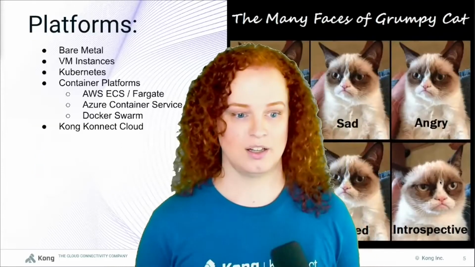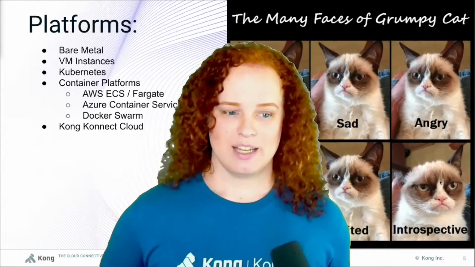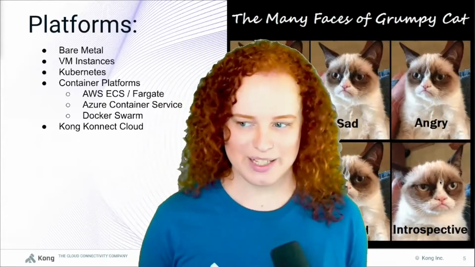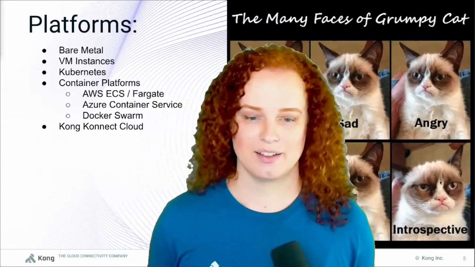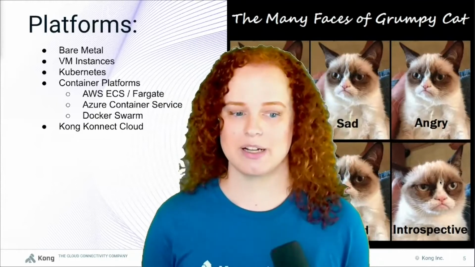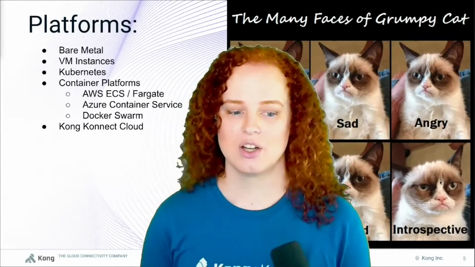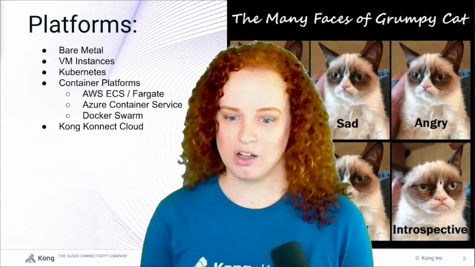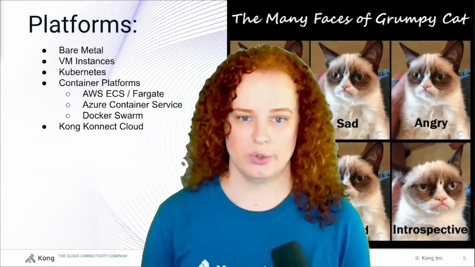So the many platforms that we can support with Kong Gateway, like I said, there's bare metal VM instances, Kubernetes, we can see the containers going all kinds of places. And then there is also the Connect Cloud.